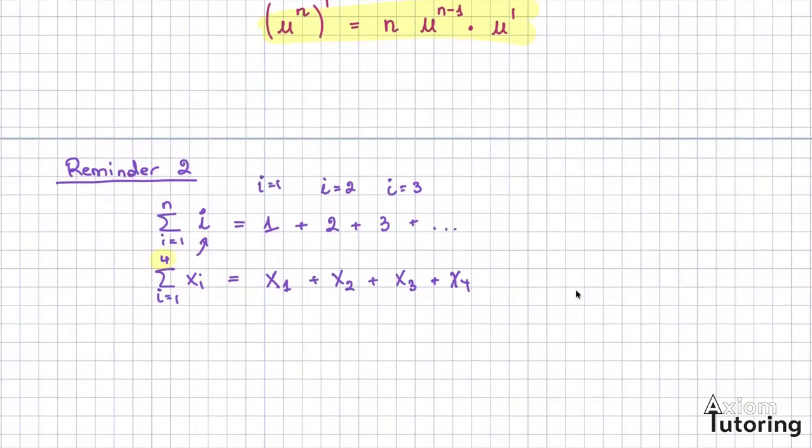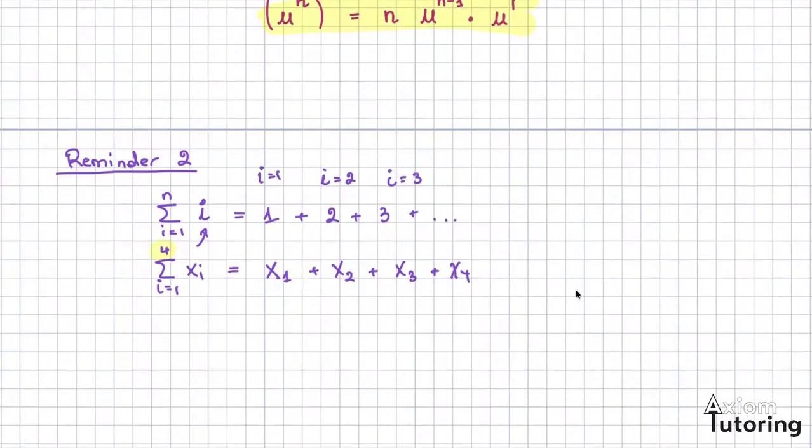The thing that most students find difficulties with, though, is this last property of the summation operator, which is what we're going to use quite a bit in the proofs for solving the first order condition.